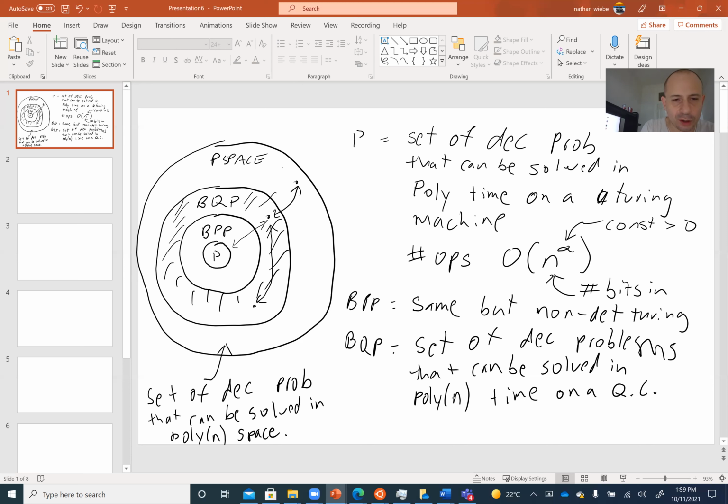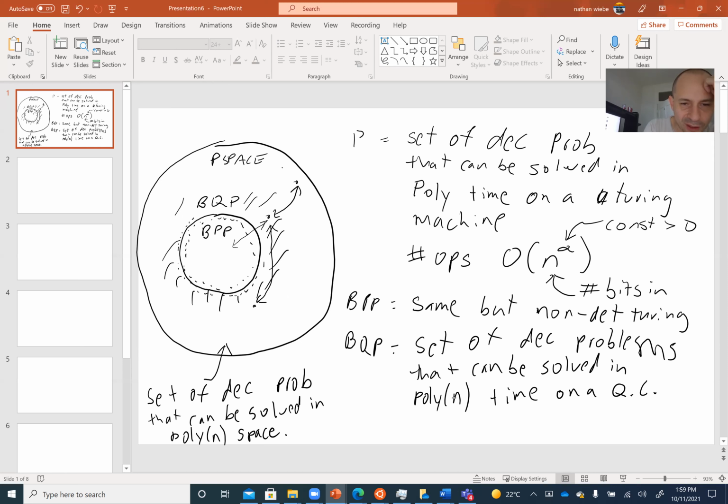So in particular, P could be a proper subset of BPP, or this could be exactly the same size. Same thing actually holds for BQP. BQP could be a proper superset of BPP, or it could actually be essentially the same size.